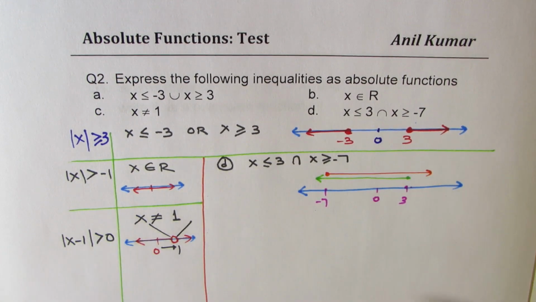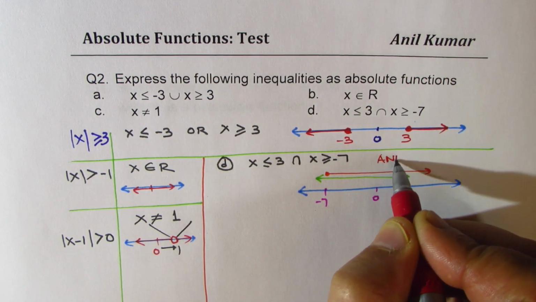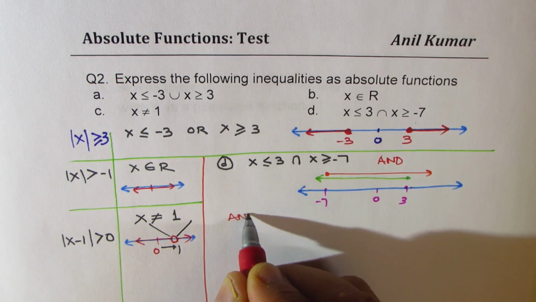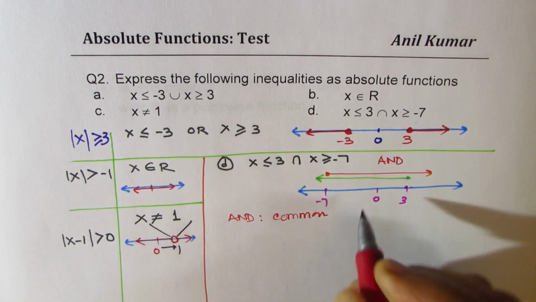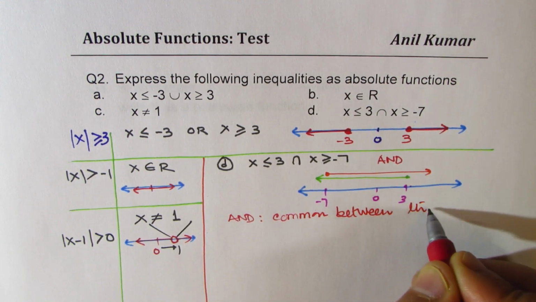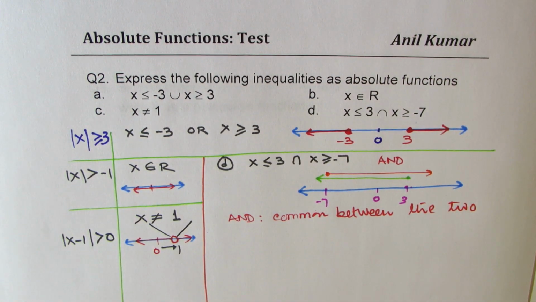Now this means and. So we have to do an and operation. That means common between the two, right? So and really means common between the two. Intersection, right? Okay.